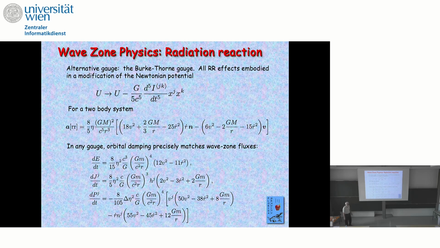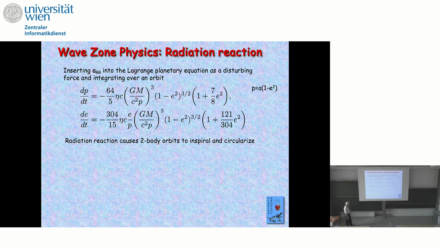So there's a perfect balance to this order of approximation between what you measure at infinity for the loss of these quantities and what you calculate within the source for the loss of the same quantities. There's a kind of a balance between the two, which is certainly reassuring that there's not energy being stored somewhere between the system and infinity in some weird way.